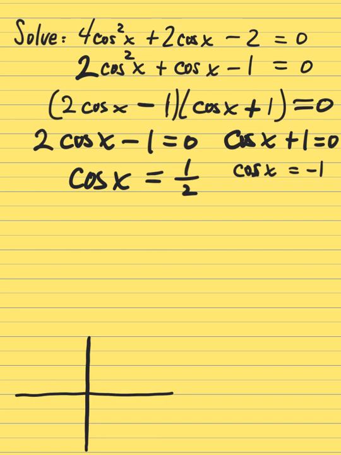Cosine is positive half at π/3. Cosine is positive half at 5π/3. And the other factor, cosine is negative 1 over here at π.